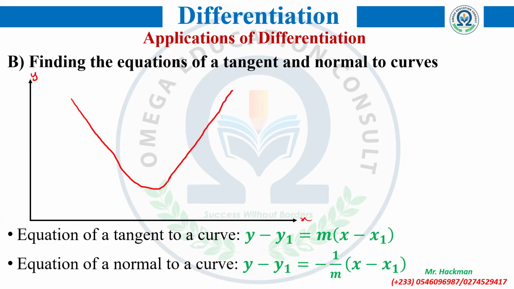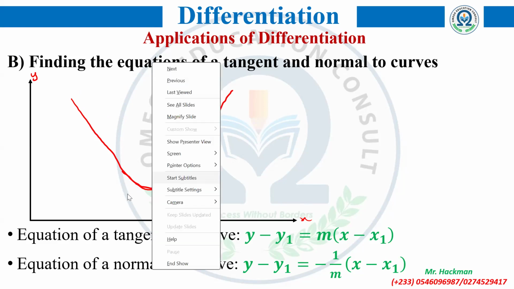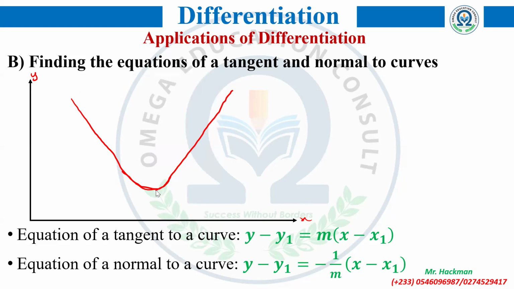We said the gradient of a curve at a particular point. Assuming I want to find the gradient of this curve at this particular point, what are we going to do? We need to find dy/dx.